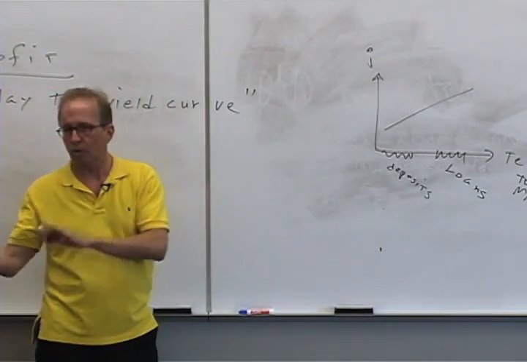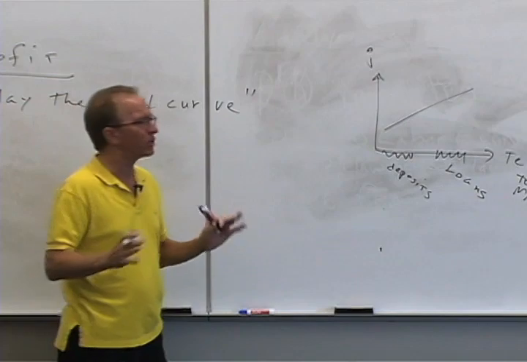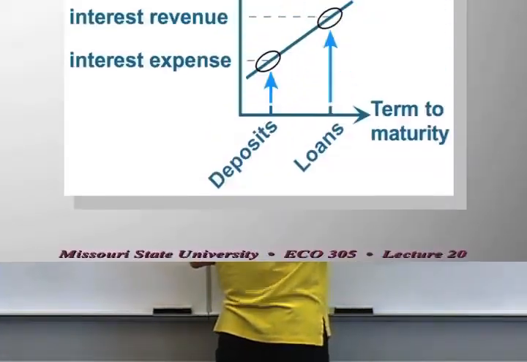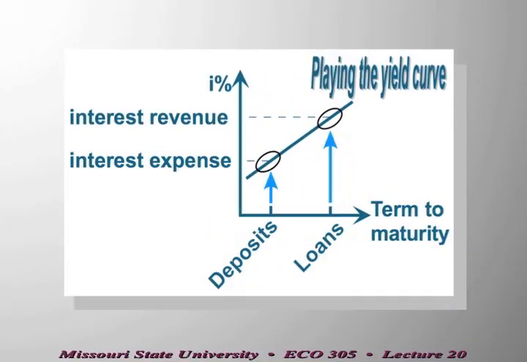And so if the risk were exactly the same, and I'm not saying it is, but if it were, then due to the fact that the yield curve's got a positive slope, bankers would be basically paying a low interest rate to depositors and then charging a higher interest rate to lenders simply because the borrower has use of those funds for a longer period of time.